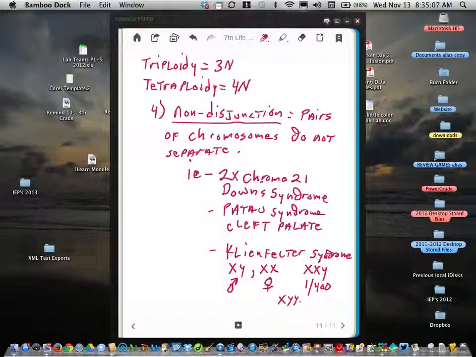So when you have extra of the normal amount of information, it's usually okay. However, when you have missing information, like in deletions or crossing over, where it's out of place, usually that's more serious. Okay?